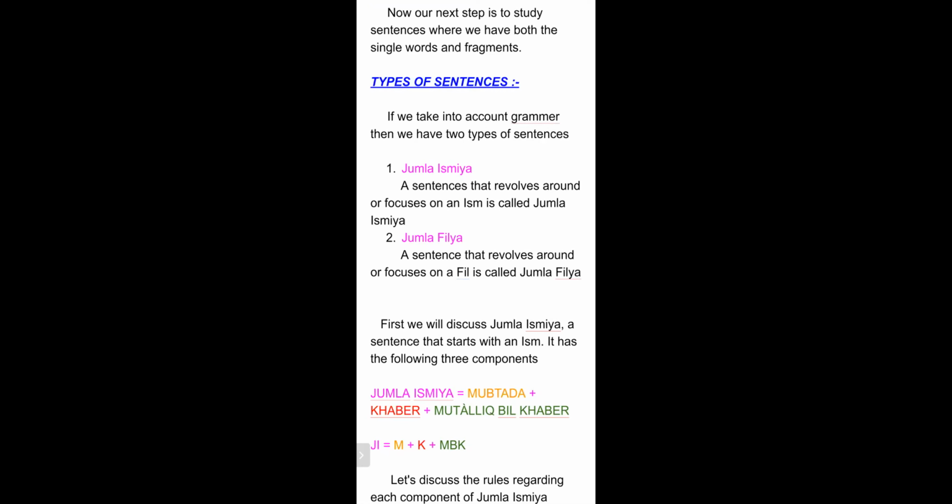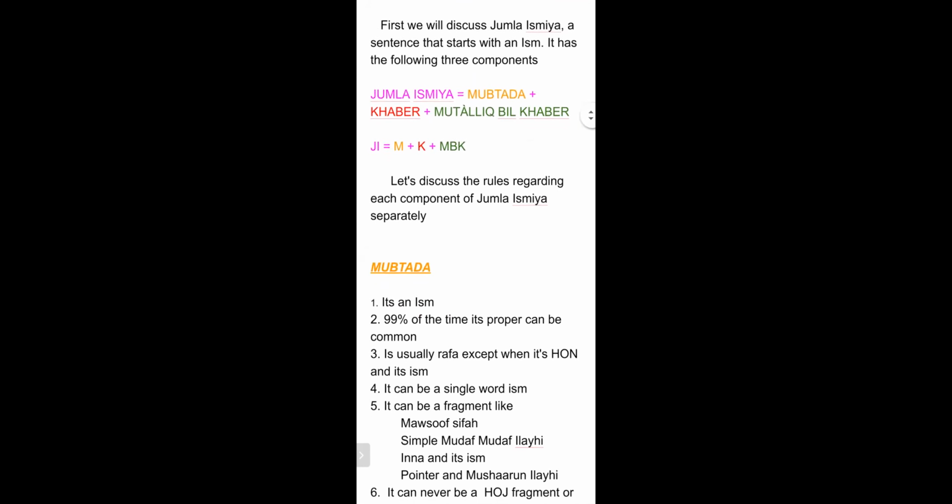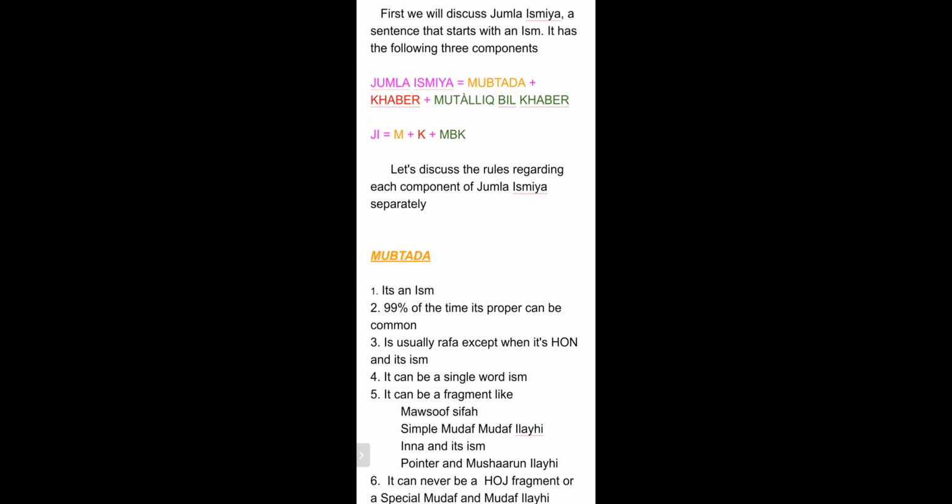So inshallah today our focus will be Jumla Ismiya and how it is made, how we use the words, how isms are used, and in what order Jumla Ismiya comes or not. We're going to discuss Jumla Ismiya for now. So Jumla Ismiya, according to Ustad, has three components.